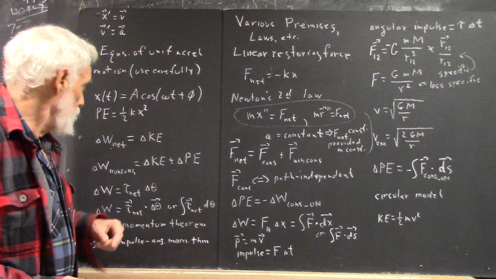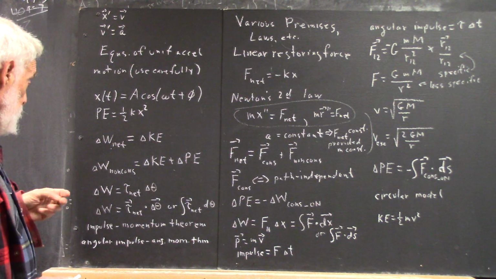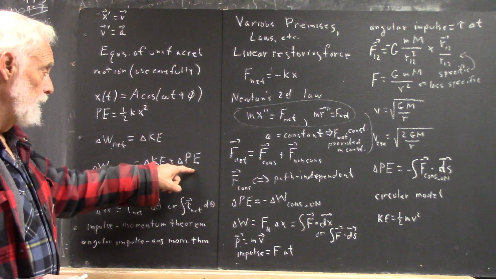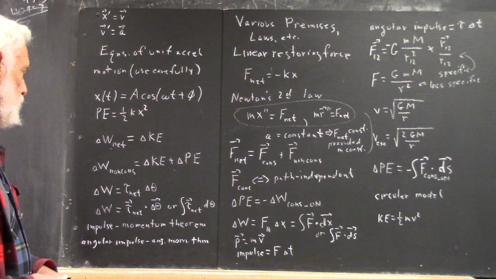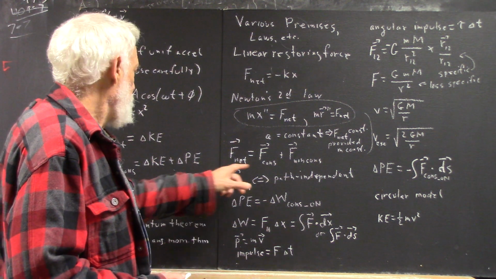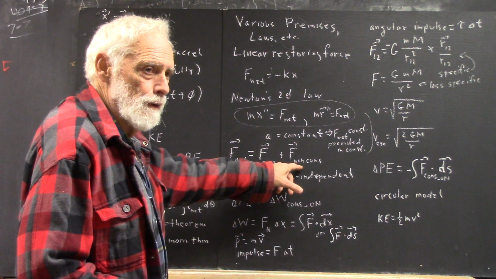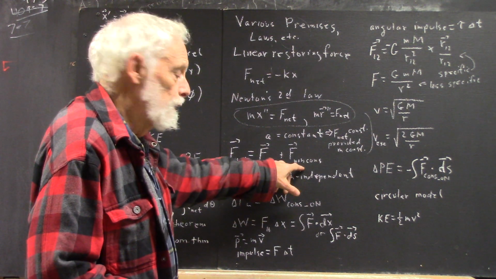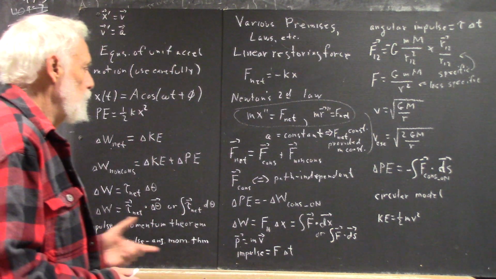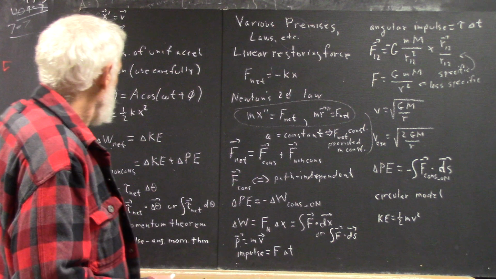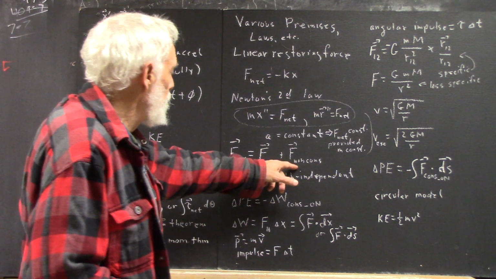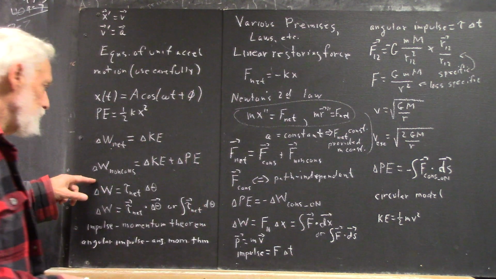Now, a different statement of it is that the work done by non-conservative force is a change in kinetic plus a change in potential energy. And that simply comes from the fact that you have your net force being split into conservative and non-conservative forces, and the work done by the net force is then the work done by the conservative force, which is equal and opposite to the potential energy, and the work done by the non-conservative force, which is this.